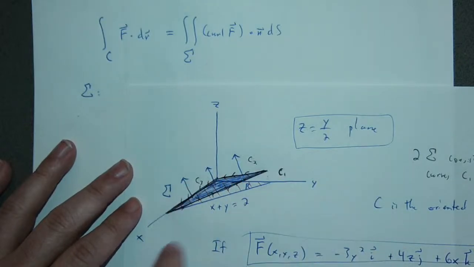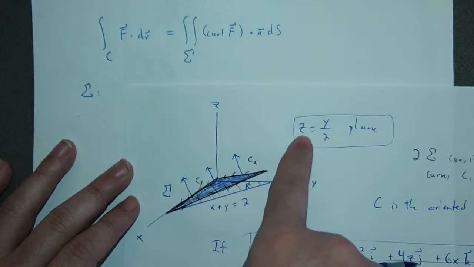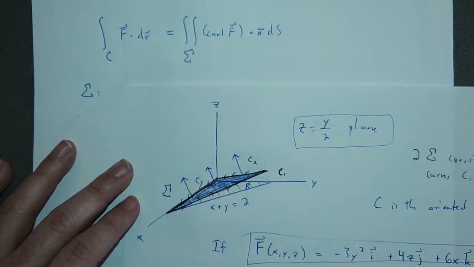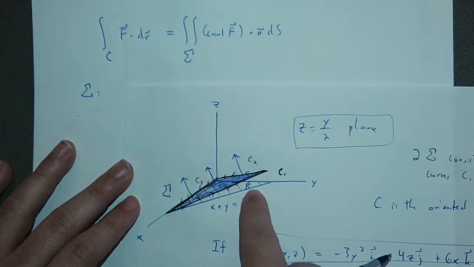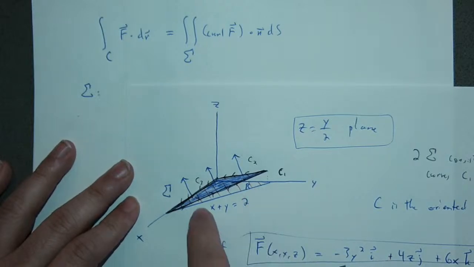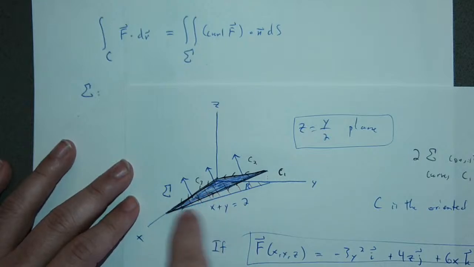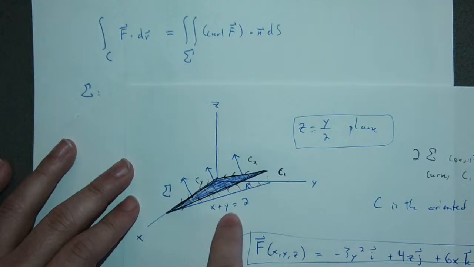So if I think of x and y being my parameters describing where I am, the height is described by z as y over 2. And this region R that my parameters x and y live in is the shaded region that I drew here. So it's the region in the first quadrant of the xy plane that is below the line x plus y is equal to 2. Okay, but in the first quadrant.